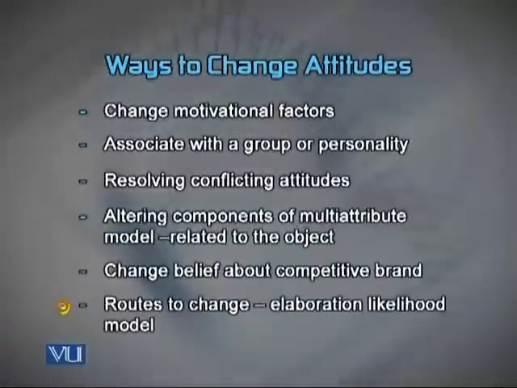Finally, we have what we call elaborative likelihood method. This particular aspect of change is not related to the action of change or the idea how to bring about change, but it relates to the process in which change takes place.